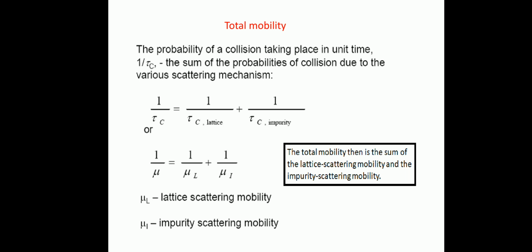So the main thing is that the scattering is dependent on temperature, and this scattering mainly reduces the mobility. The two scattering mechanisms that reduce the mobility are impurity scattering and lattice scattering. Impurity scattering is dominant at low temperature and lattice scattering is dominant at high temperature.